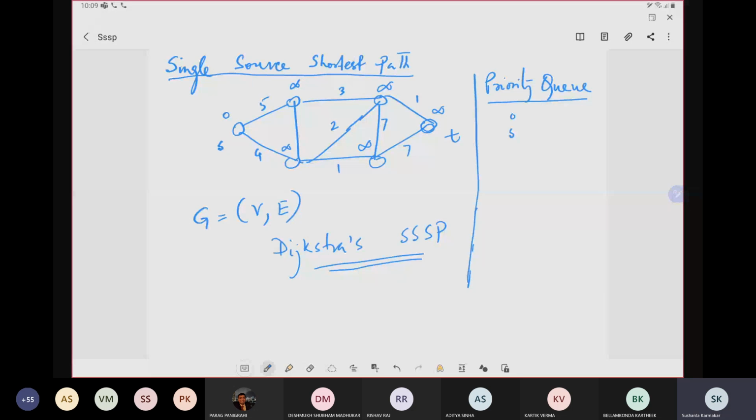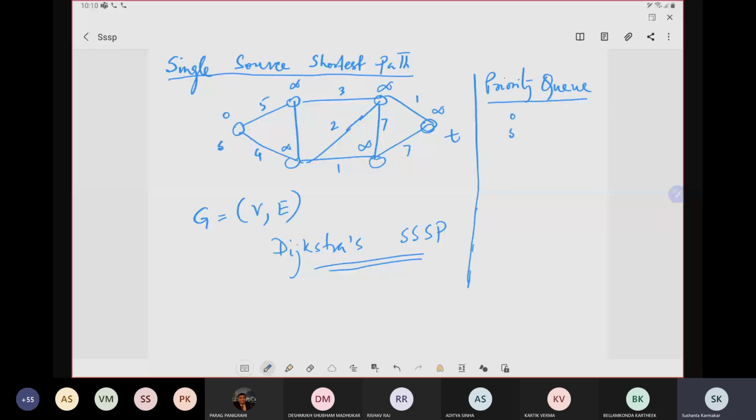Then I extract this S, because this is the minimum value I have visited. So nothing remains in the priority queue. The priority queue is empty.